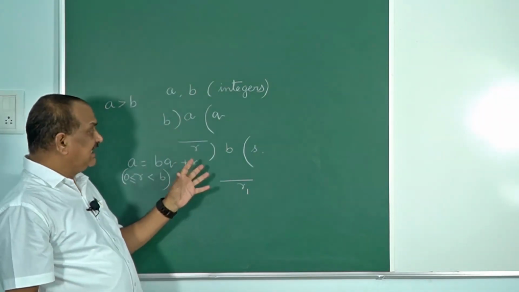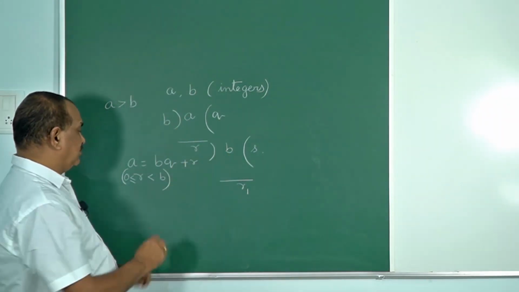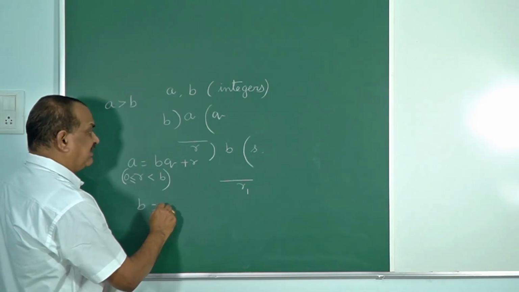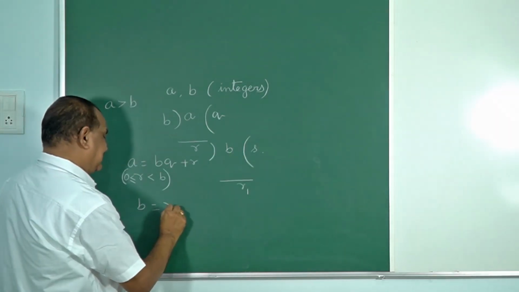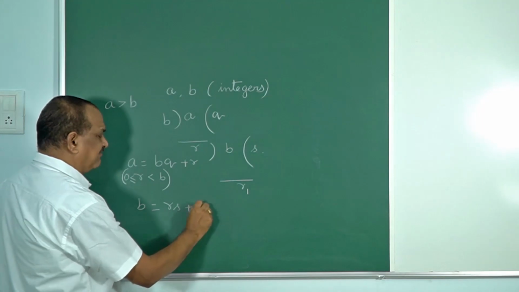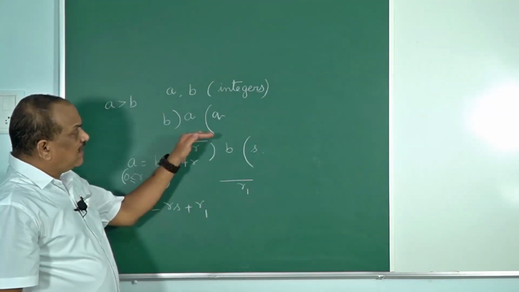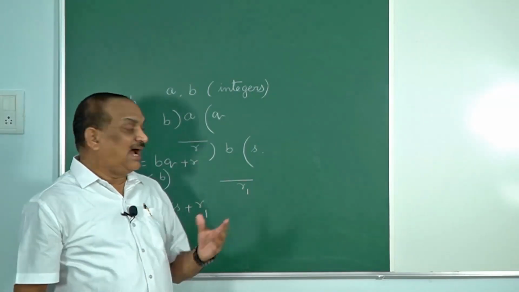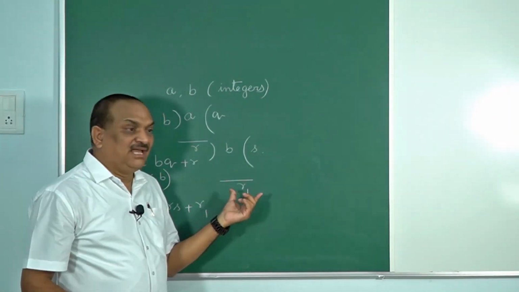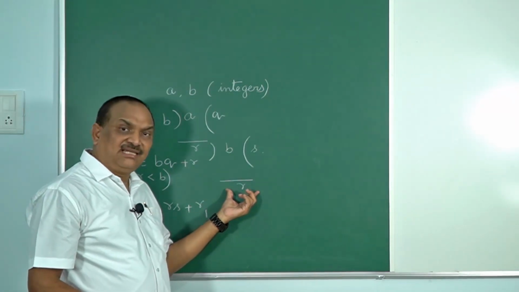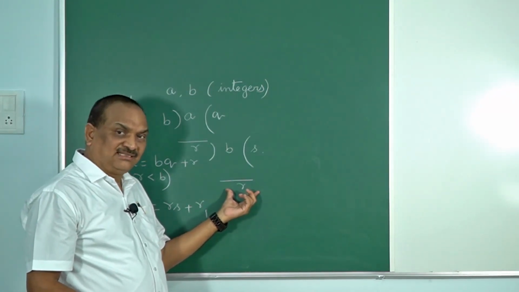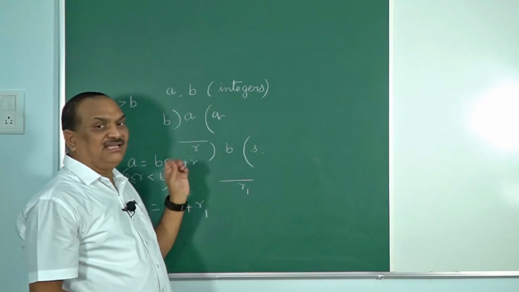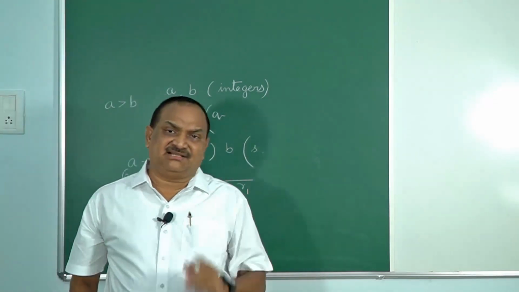When you write the next step, b is equal to r times s plus some r1. So you continue this procedure as we have seen in case of numbers until you reach 0 here. And once you reach remainder 0, whatever you have here becomes the HCF.